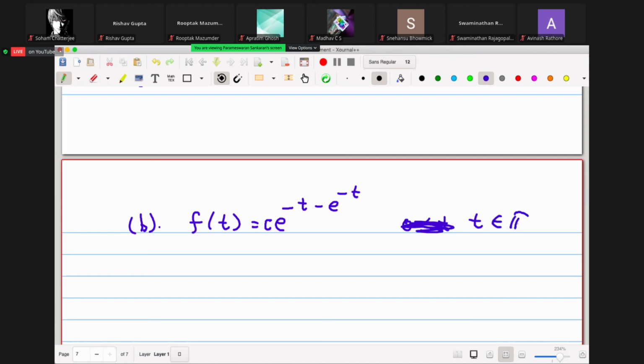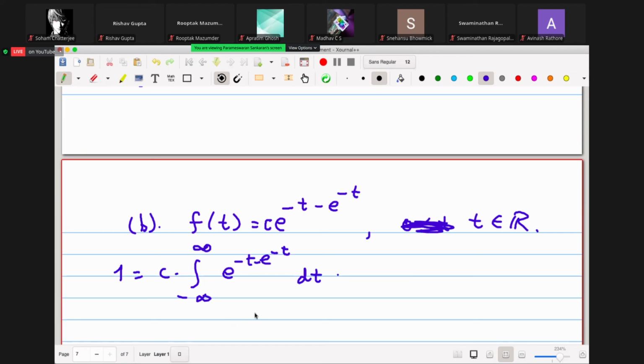T is in real numbers. So you have to do this from minus infinity to infinity. There's only one way to compute the thing. So 1 is equal to c times this integral, e power minus t, power minus e power minus t, dt.